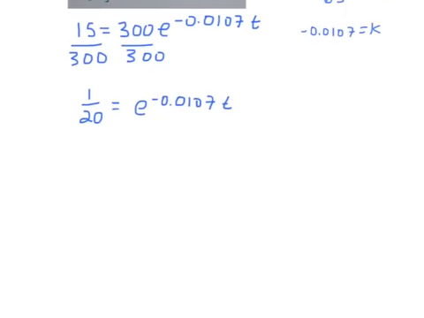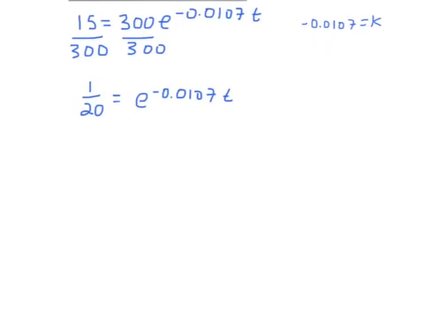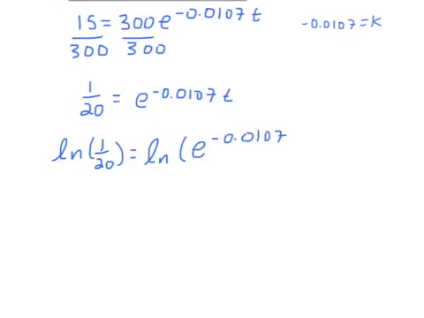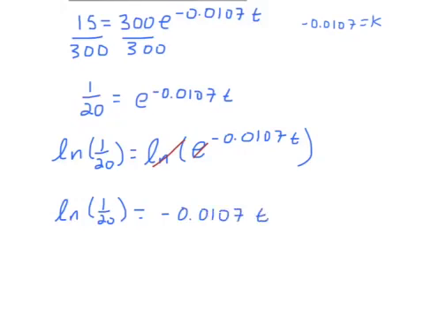I go ahead and take ln of both sides, so it's going to be the ln of 1 over 20 equal to the ln of e to the negative 0.0107 t. This cancels out the ln and the e, so I have ln of 1 over 20 equal to negative 0.0107 t. Go ahead and divide both sides by this.